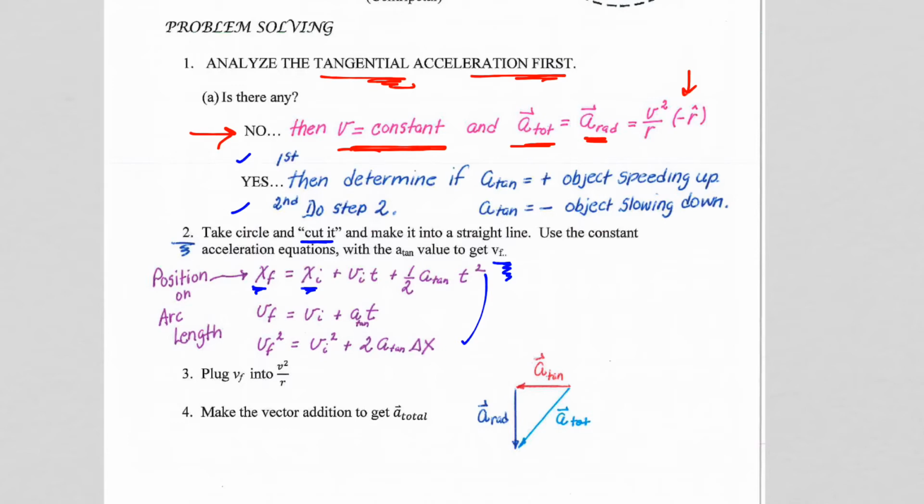The V final is what we plug into V squared on R to get our A radial expression. So now we will do a vector addition tip to tail to get A total in terms of A tangential and A radial.